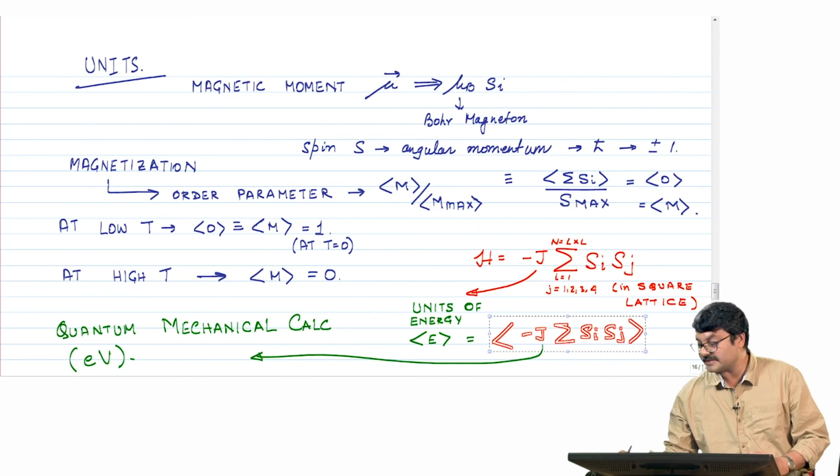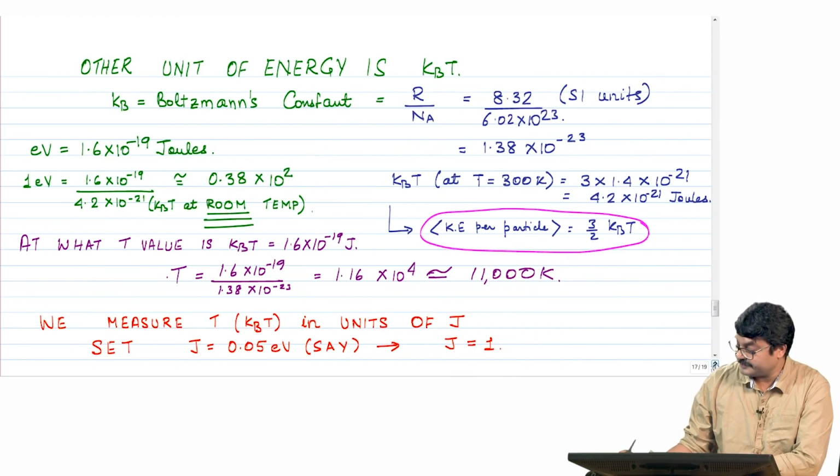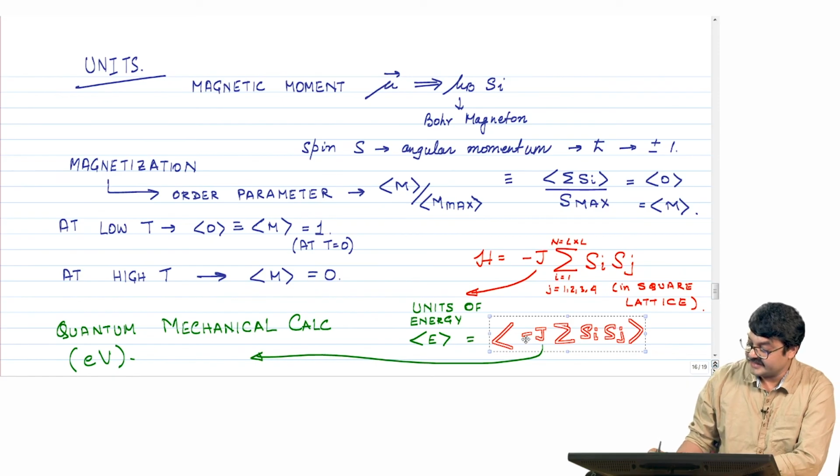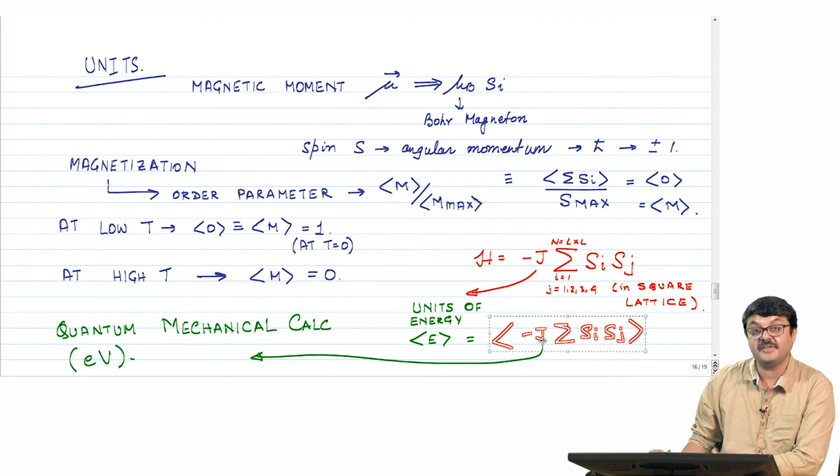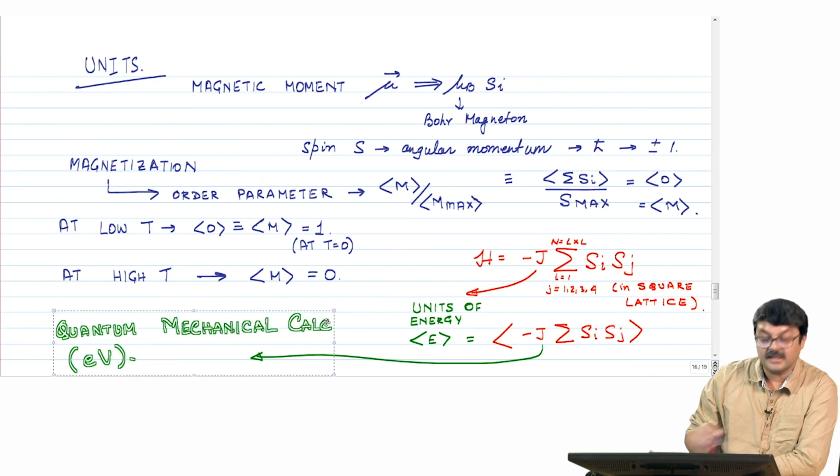Now, we have to also discuss the units of energy. You know that for this quantity J, Si and Sj are plus 1 and minus 1, and if you want to calculate the average energy, then the units of energy are essentially sitting inside this minus J. So minus J has all the Bohr magneton and everything, and J we shall be using as a parameter, but the value of J for different systems, cobalt, nickel, iron, you can also get using quantum mechanical calculations, and typically J is measured in units of electron volts.